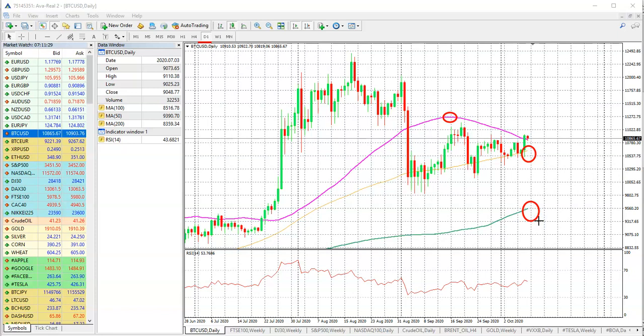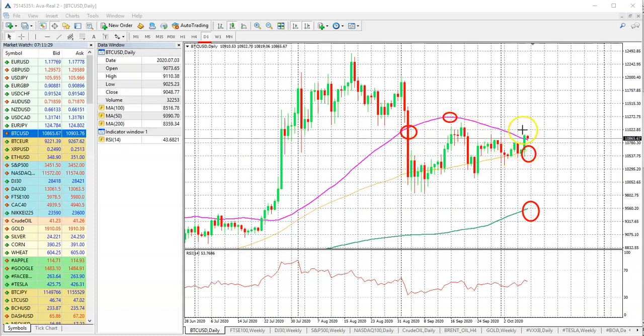What we can see from the daily time frame is the price trading above all three important moving averages. That is certainly positive because it has been a long time. During the last day of August, the price crossed below the 50-day moving average, and it has been trading below that moving average.